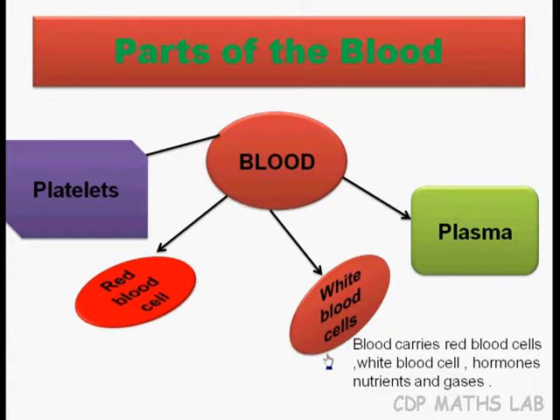Red blood cells is 1, white blood cells is 2, hormones is 3, nutrients 4, and 5, gases. Nutrients are like glucose, amino acids, fatty acids, and glycerol, vitamins and water. And the gases are like carbon dioxide and oxygen. So these are the substances that the blood carries.